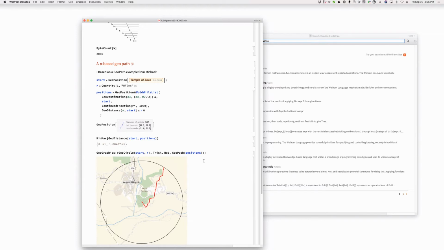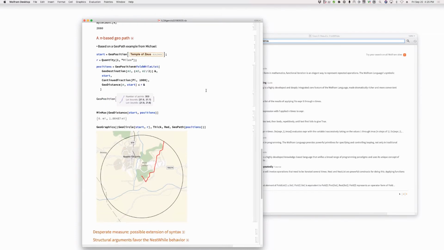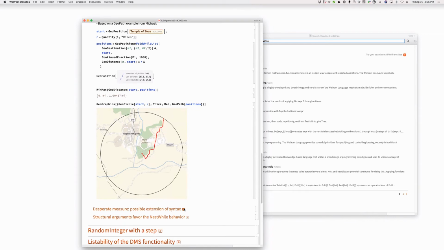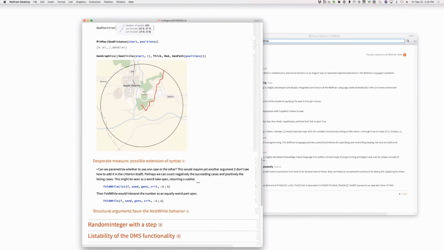Otherwise, how do we know that the next? That's what I was saying. In any case, you could always say, I want either of them. There's no way to add it in the criterion. Yeah, I don't see how.